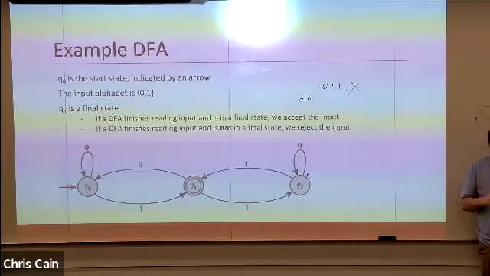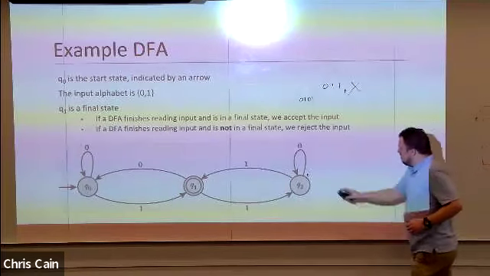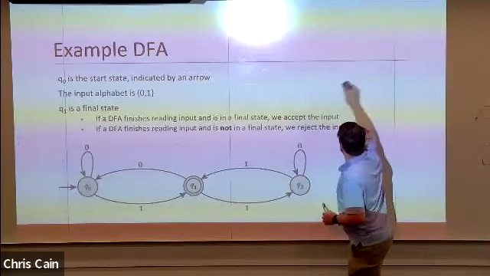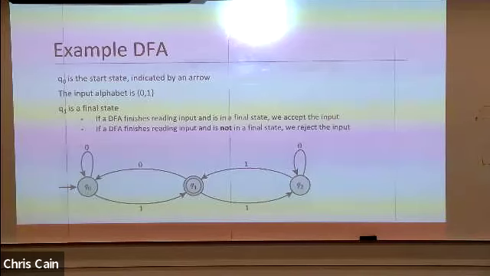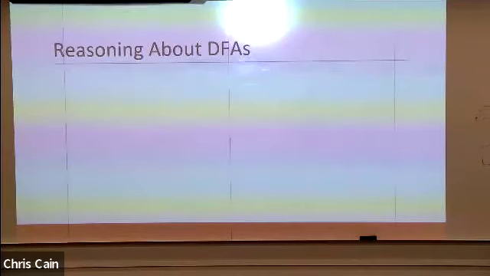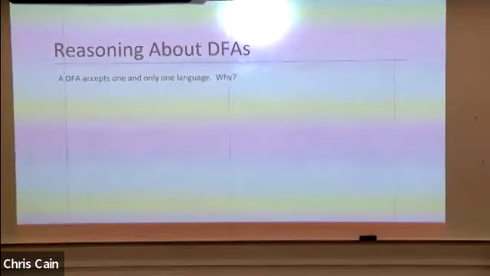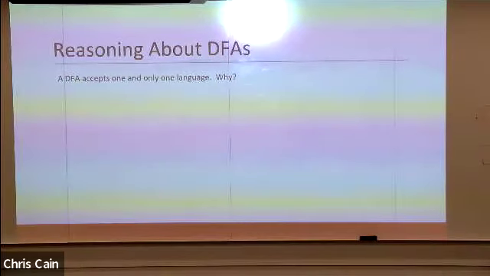Does it work in all cases? So that's interesting. We will find the tools to figure out exactly what language this accepts momentarily. Other abstract questions. A DFA accepts one and only one language. Why is that?